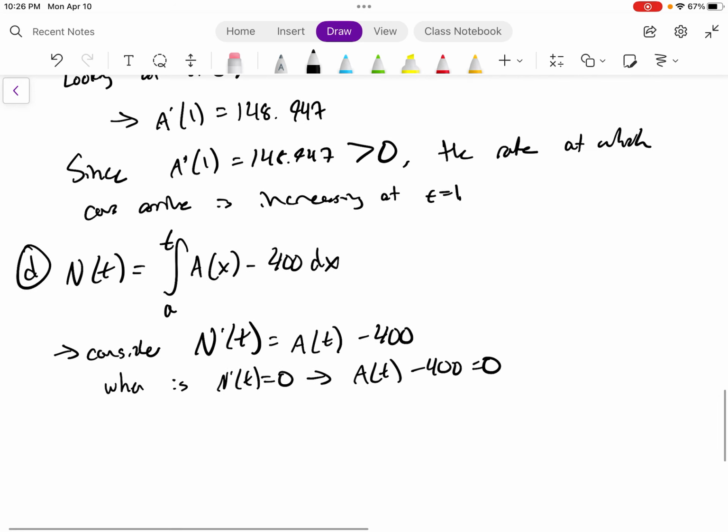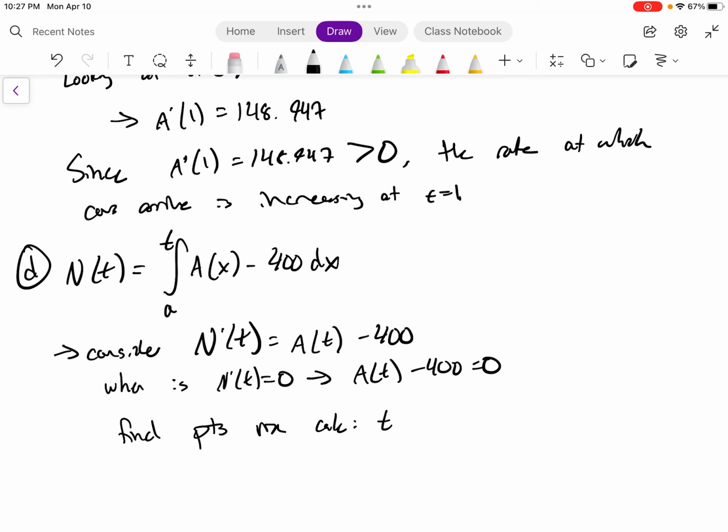When this is true, you would graph this in your calculator and solve this thing. You would find the intersection points. It's going to have 2. If we think about what A of t looks like, it's sort of like a downward facing parabola, or it might as well be. So we're going to find those points via calc. Again, you guys can do that.